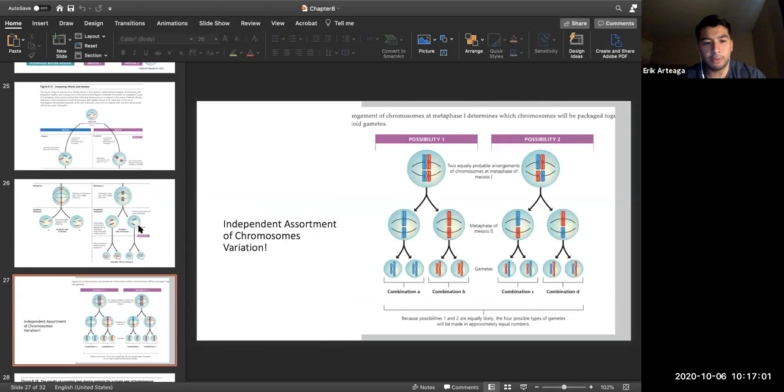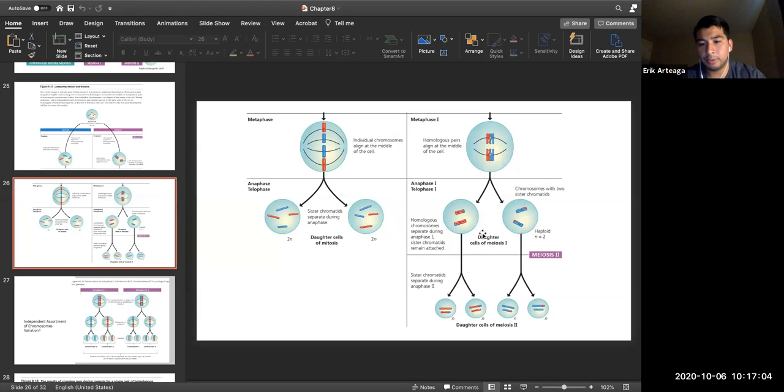So that is one form of genetic variation. The other part of genetic variation that you see is going to be in meiosis 2 during independent assortment, right? So each of these is going to break apart, and then you're going to have your haploid cells. So the separation of those two homologous pairs are going to cause a variation event as well, right?